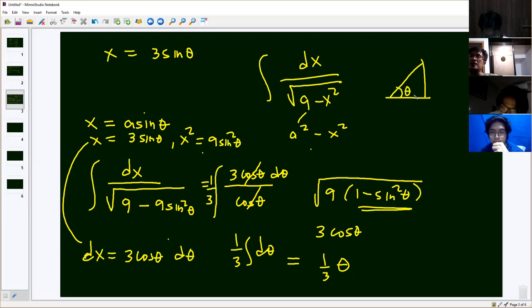The x would be, the hypotenuse is 3, because this is x. So this becomes 9 minus x squared, the square root of 9 minus x squared. This is what was replaced from the substitution.